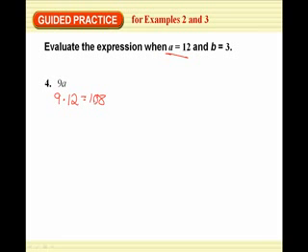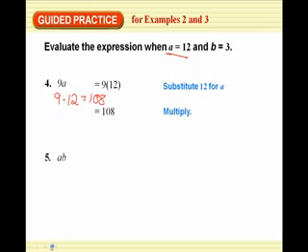I think that's right. Yep, 108. Okay, AB, that's A times B, whatever A and B are. Up there at the top, A is 12 times B, which is 3, and 12 times 3 is 36. That's good.